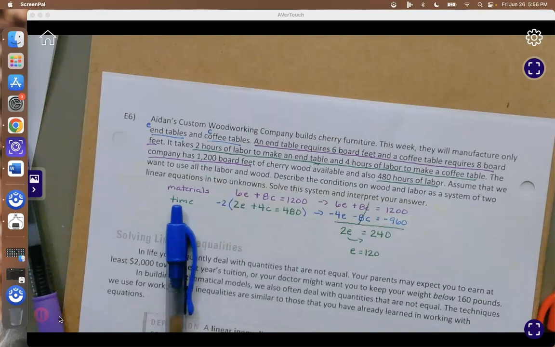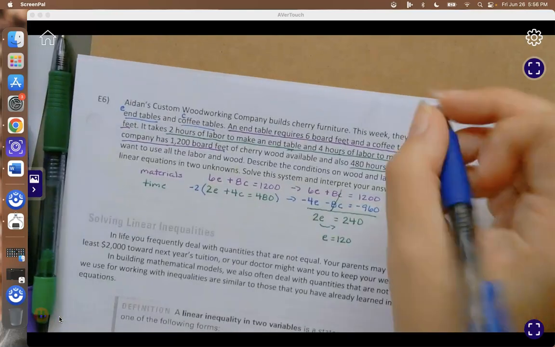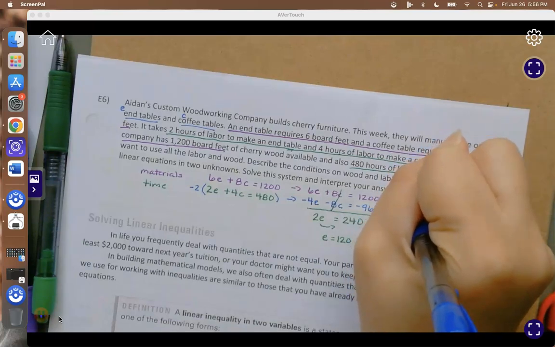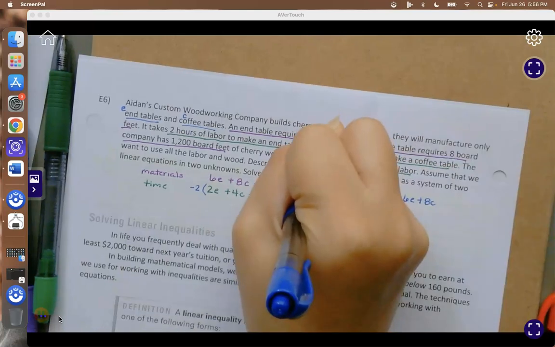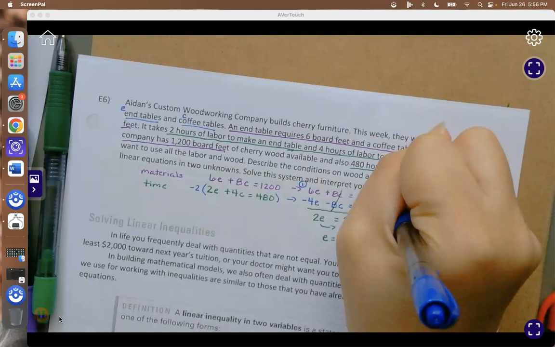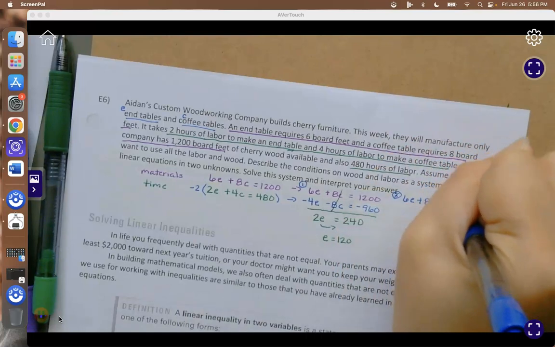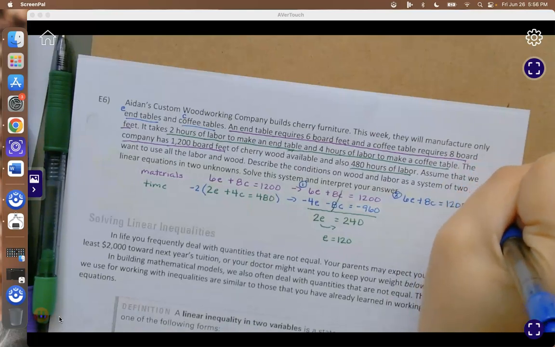So now we need to know how many coffee tables we have. Okay, so we do 6e plus 8c. So this is step 1. Here's step 2. Equals 1200. And e is 120.